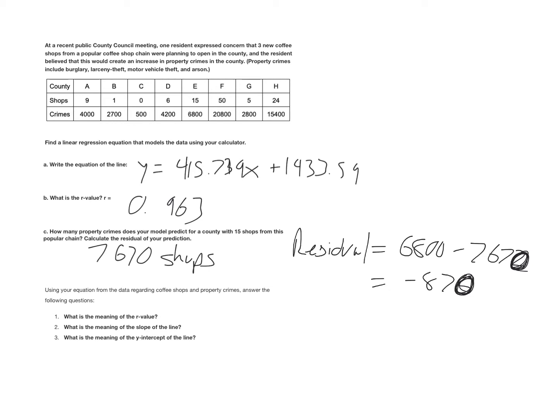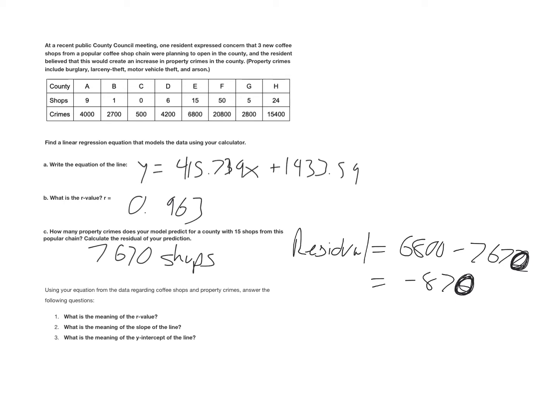Now, questions 1, 2, and 3, which are from actually the next question in your practice test. You had to do this basic information and then explain the meaning of different things in the following one. So what is the meaning of the R value? Well, remember that R has to be between -1 and +1.